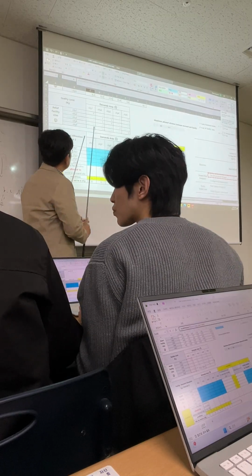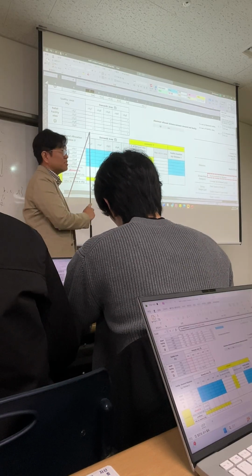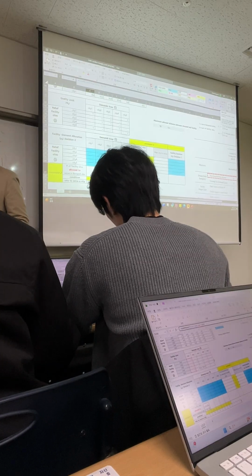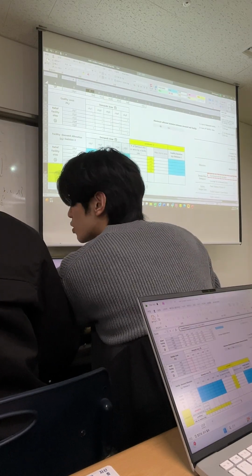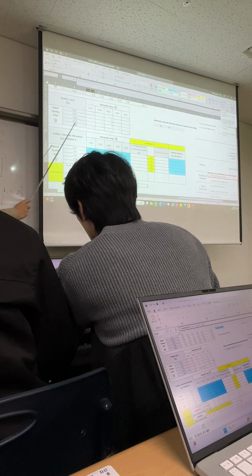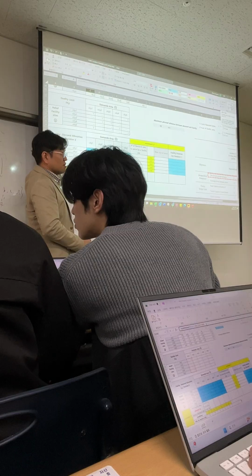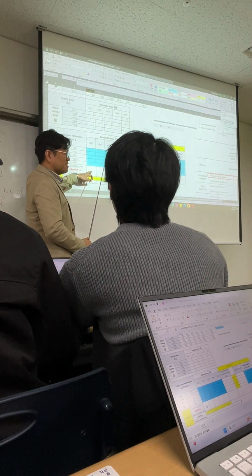Because the link which is out of our candidate should be excluded, isn't it? So if it is a 0, then although you have the 1 here, the total sum of them is 0, isn't it?